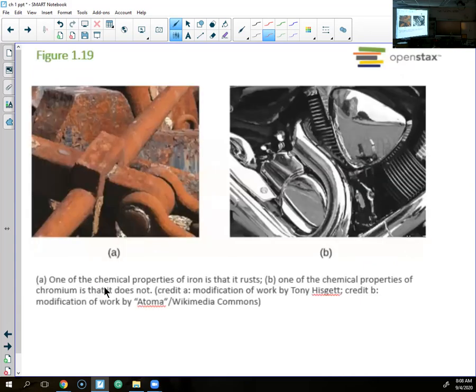What happened? There we go. This is just kind of cool. Iron rusts, and that's one of its chemical properties, but chrome doesn't. We use lots of iron and steel when we build things, but we always paint them.